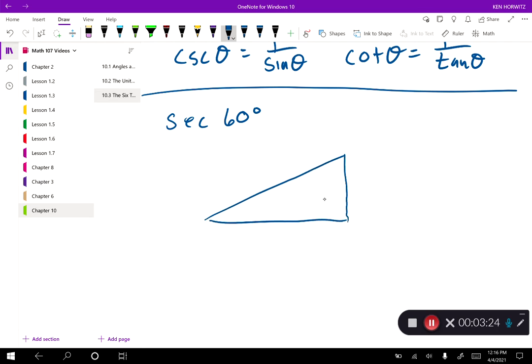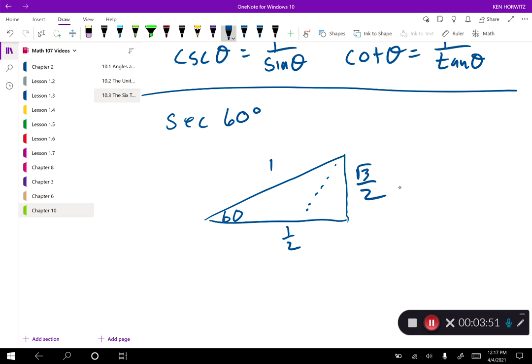So there's your triangle. Your hypotenuse is 1. Here's where your 60 is. Now across from the 30, again, is 1/2. I already went through how to do that, so I'm not doing that again. And radical 3 over 2. If you're not sure where these come from, I refer you to the 10.2 video in my playlist.